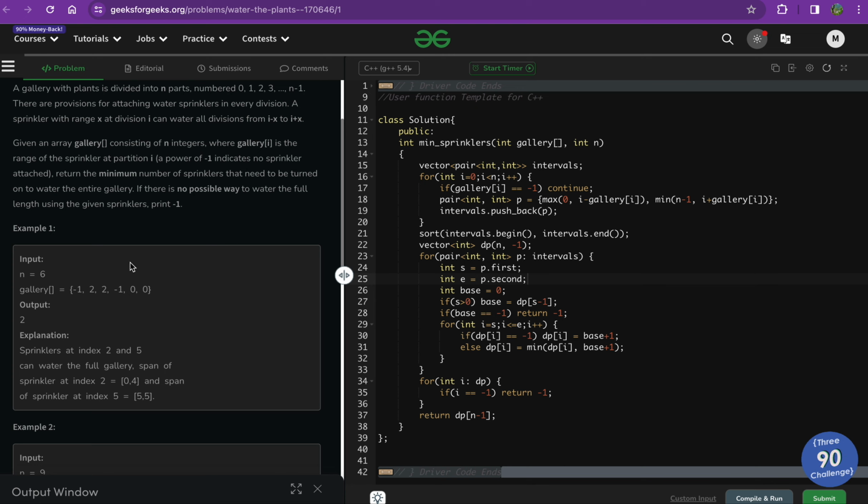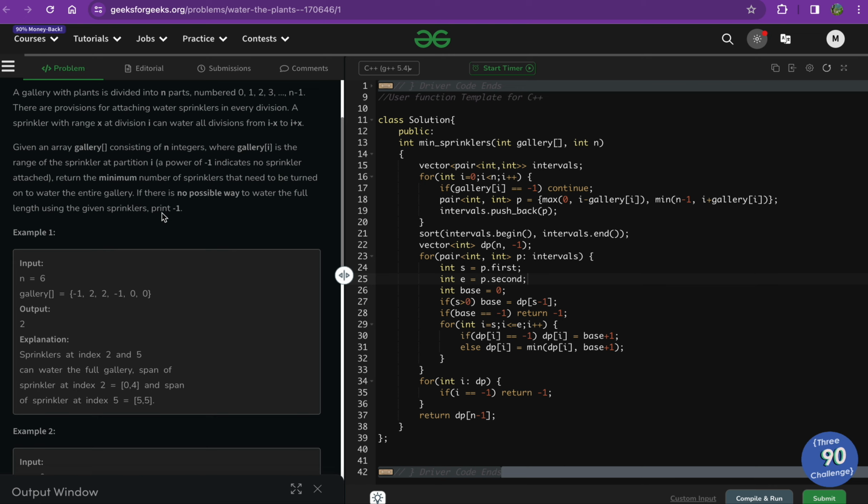So let's look at the test case. In this test case, n is equal to 6 and we are given an array of 6 elements. As we already read in the problem statement, if it is -1, that means there is no sprinkler.